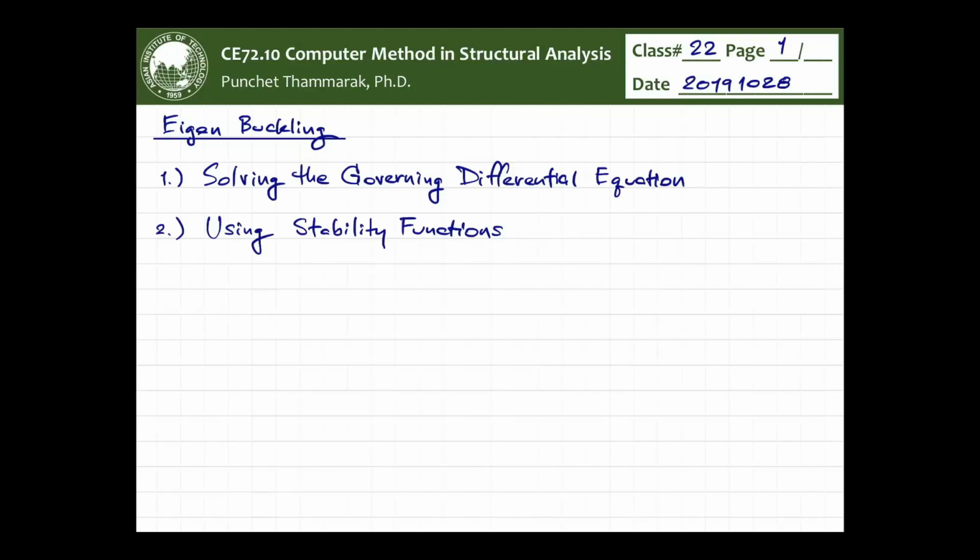We can do more than just a single column. If you cast the differential equation for the frame, that will be quite complicated. You have too many things going on. But this is a good tool. So we cast the stiffness matrix.